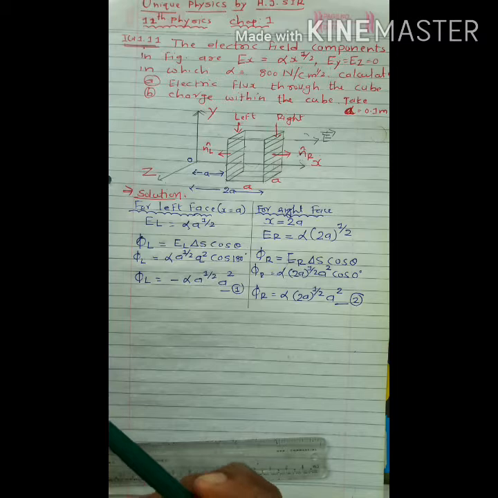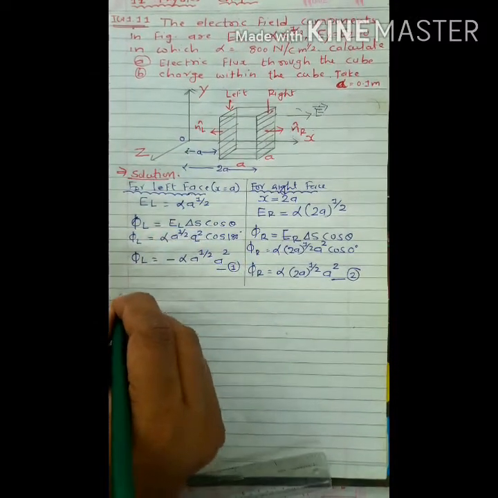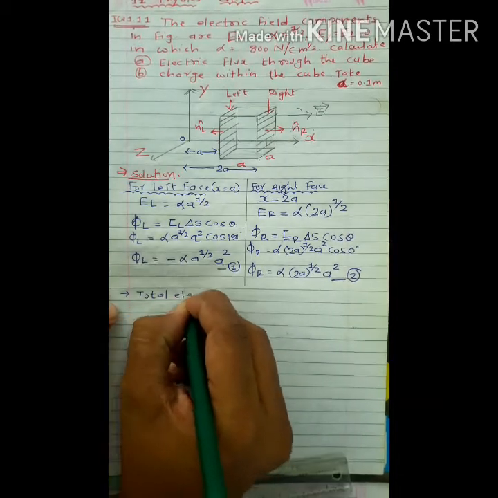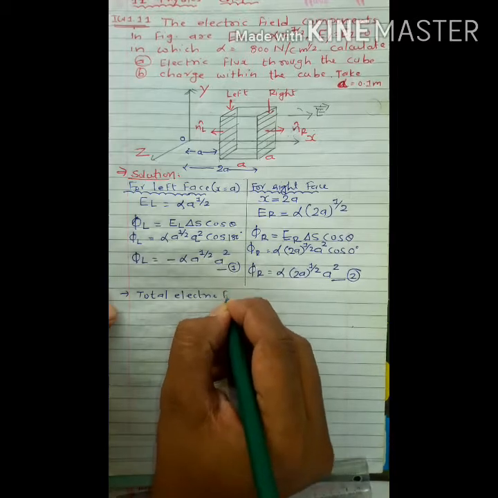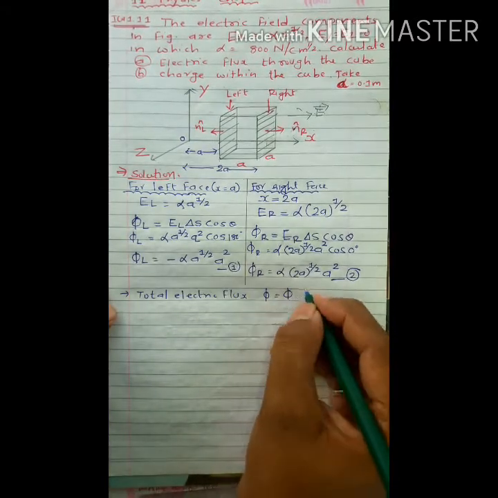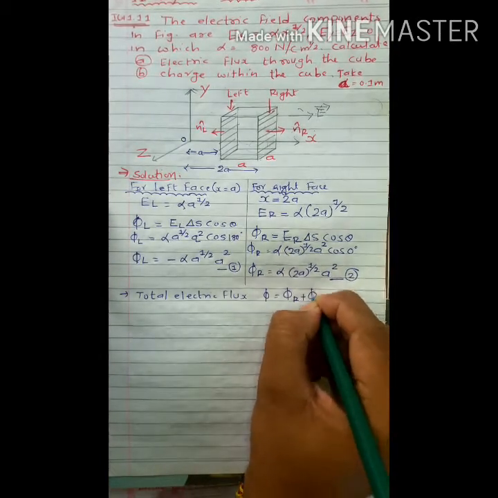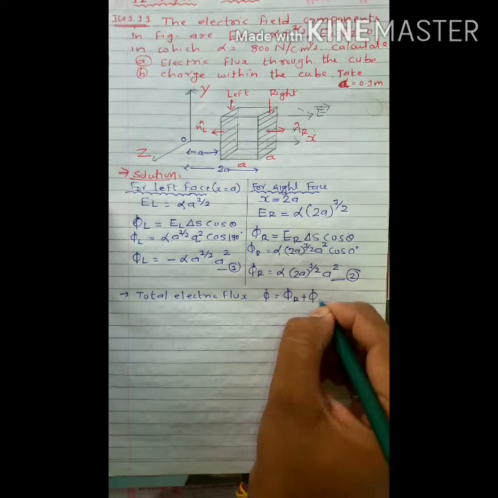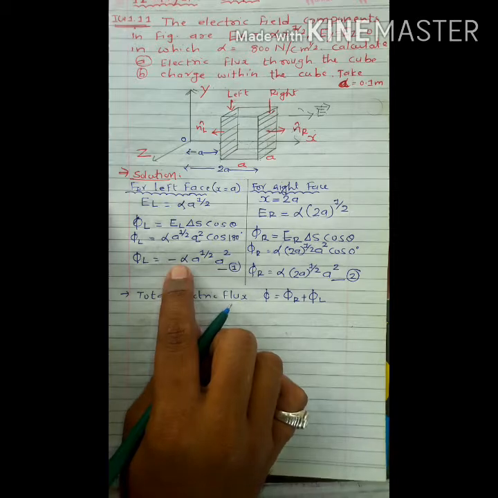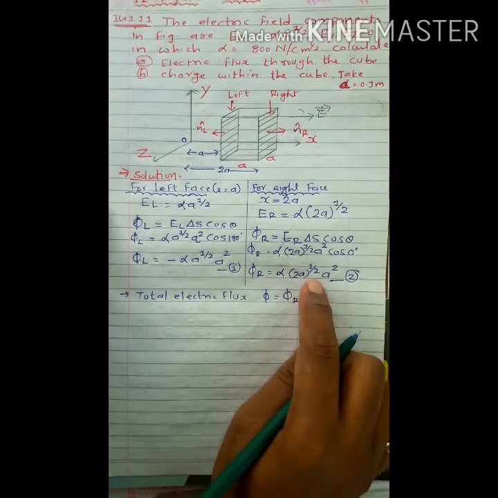Now here we find the total electric flux. So the total electric flux phi is equal to, here we consider a simple sum, the electric flux for the right face phi_R plus the electric flux for the left face phi_L. Here the value of flux for the left face is negative and for the right face it is positive.